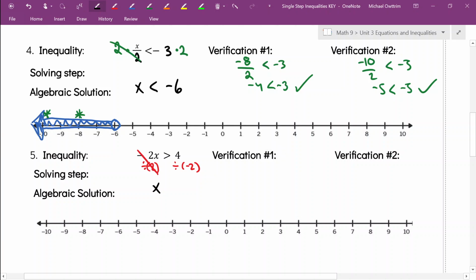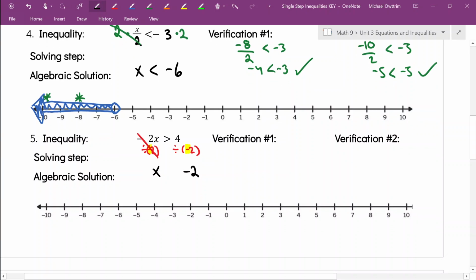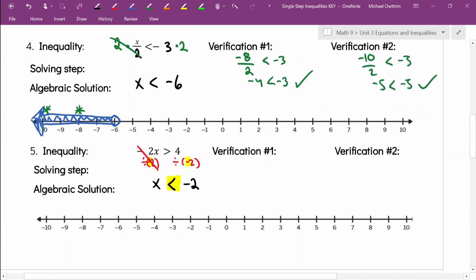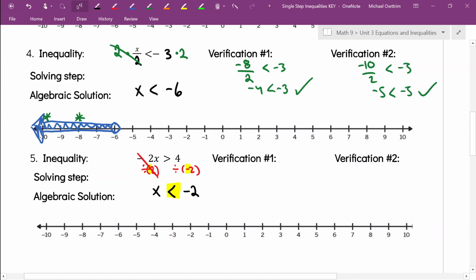And 4 divided by negative 2 is negative 2 on the right side. However, if we are dividing by a negative number, we talked about how this has a special situation. This is going to require us to flip our inequality sign. So we want to make sure that when our operation involves a negative number, that's when we need to flip our inequality sign to make a true statement.